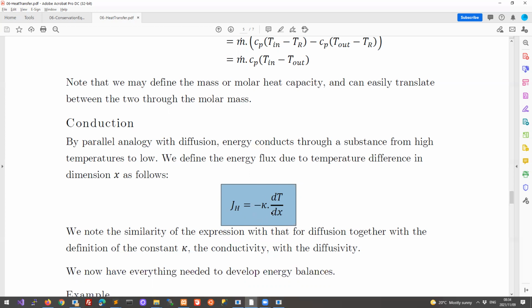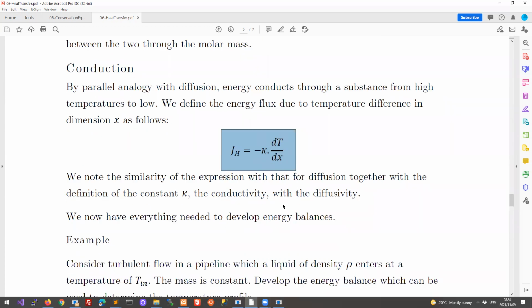So conductivity is directly analogous to diffusivity in the energy sense. Of course the conductivity varies from substance to substance. The conductivity of copper is very different to the conductivity of, for example, paper. We know that paper has much lower conductivity than copper. So you would look up the conductivity for your material of interest, and if you can estimate the temperature gradient, then you can estimate the flux.